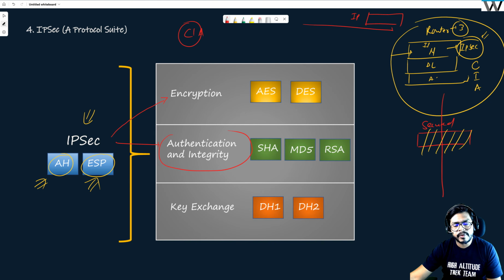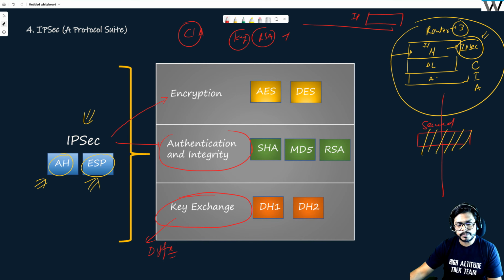And there, in SSL, we were able to exchange the key using RSA, public key. Here we have another beautiful algorithm, which is known as Diffie-Hellman. At the end of the day, I'm again repeating the same thing: the goal of the security, whatever we are doing here, is that we need to perform symmetric encryption.